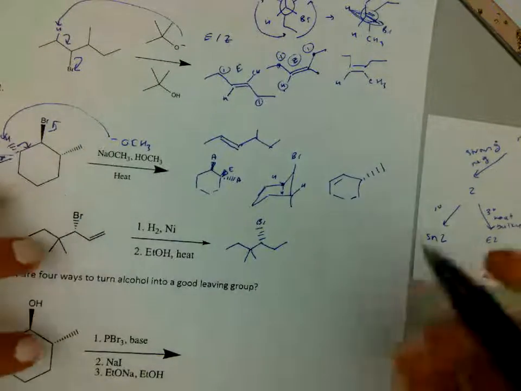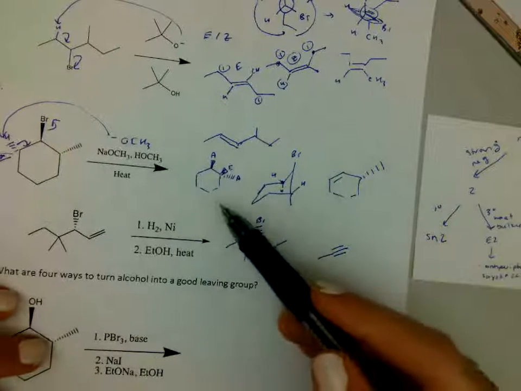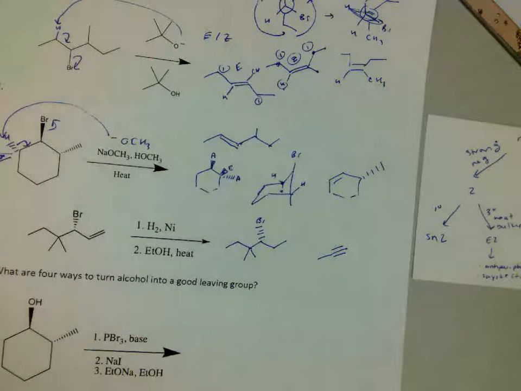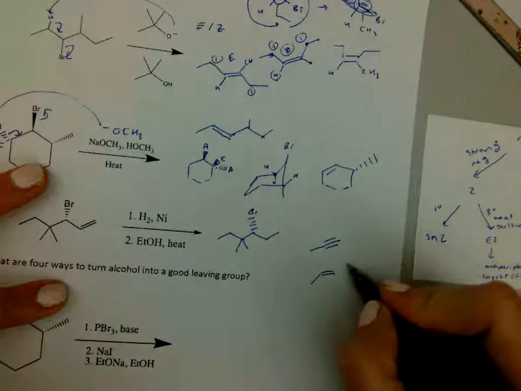You can take an alkyne all the way to a single bond also with H2 and nickel or platinum or palladium, or you can use a poisoned catalyst to stop at the alkene.